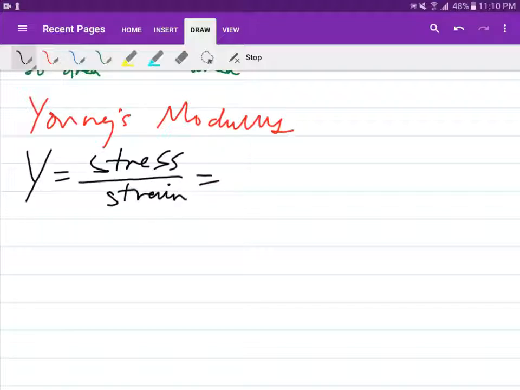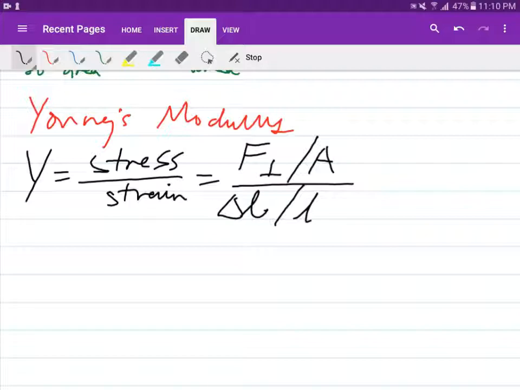The stress applied, or rather the force applied, should be perpendicular to the area, over the area, and its strain will be the change in length, delta L, over the initial length.